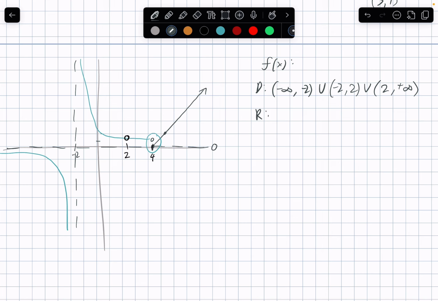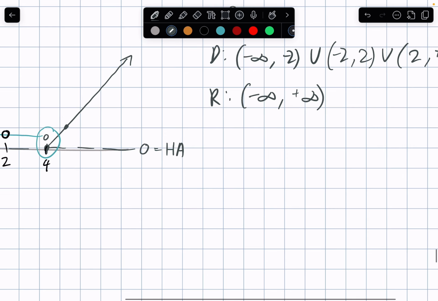How about the range from down to up? It is recognized that we do have a horizontal asymptote at 0, right? Even so, the range is described to be negative to positive infinity. So 0, this is excluded in the range of y is equal to x minus 4 under the condition x is greater than or equal to 4.